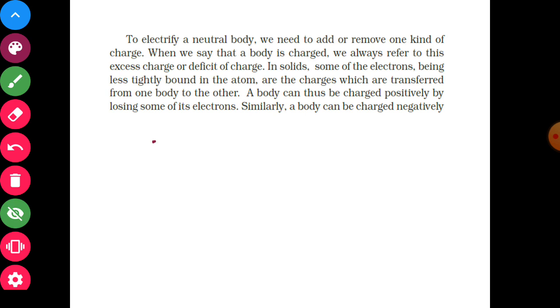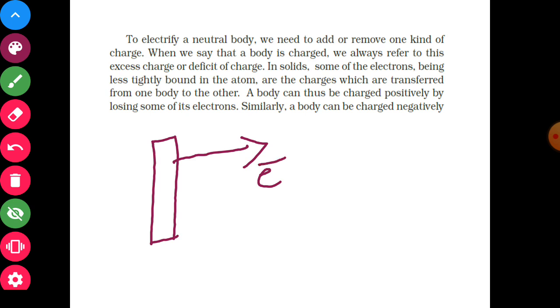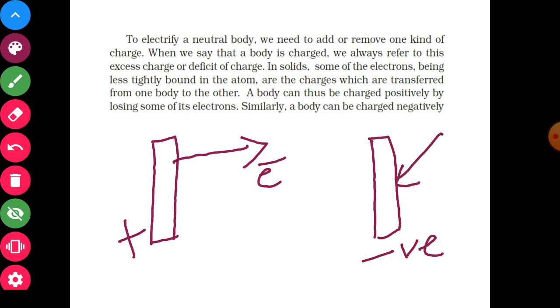Whenever the object is neutral, there are the same number of positive and negative charges. Now when it is charged, then either electrons are removed from this body, in which case it becomes positive, or electrons are added to this body, in which case it becomes negative.